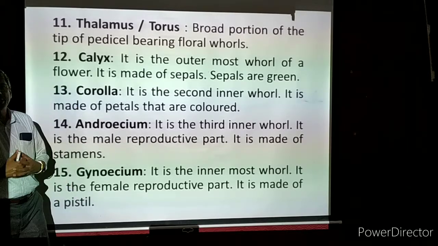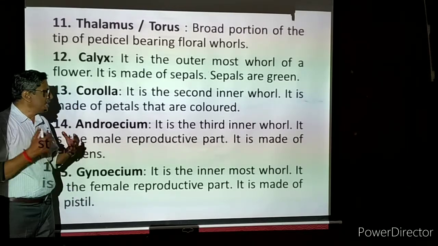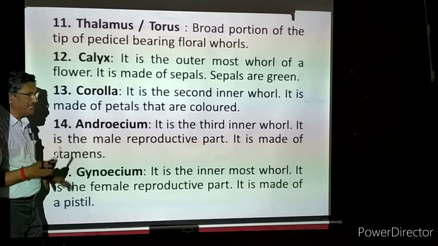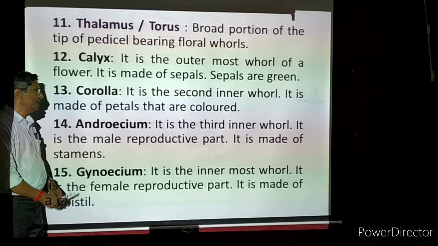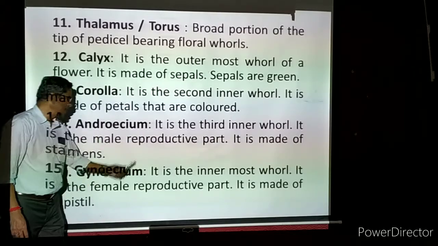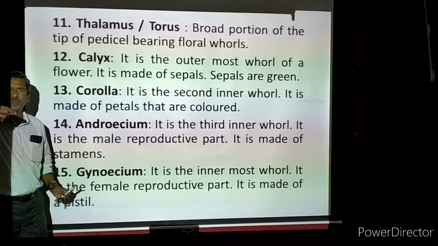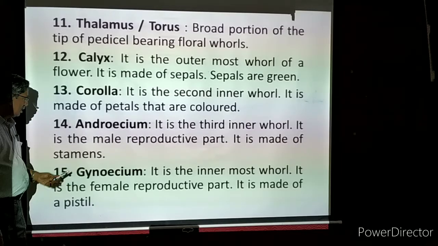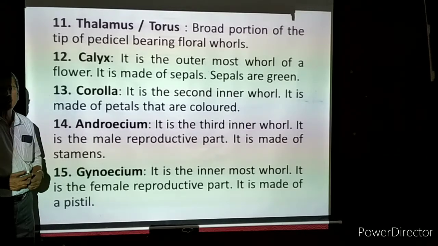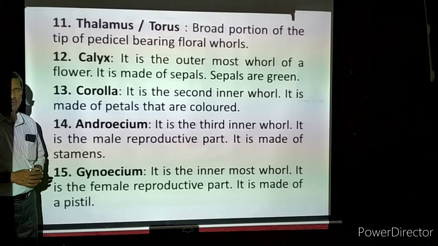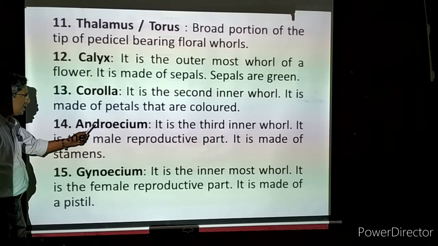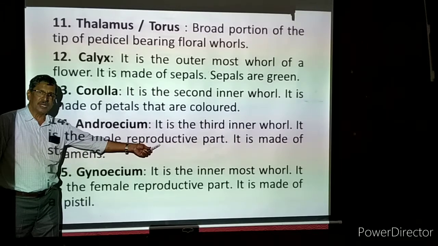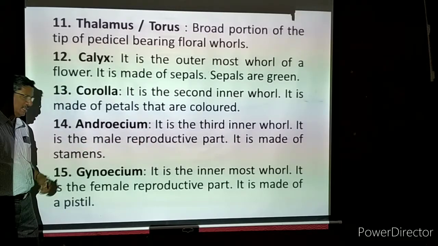This androecium is producing male reproductive cells. It is made up of small structures called stamens. In the pictures I am going to tell what stamens are, what parts are there in the stamens, and how many stamens will be there. So androecium is the third inner whorl, the male reproductive part, made up of stamens.